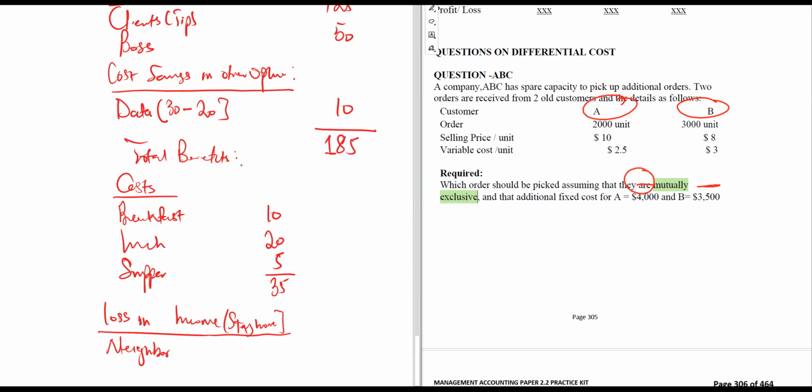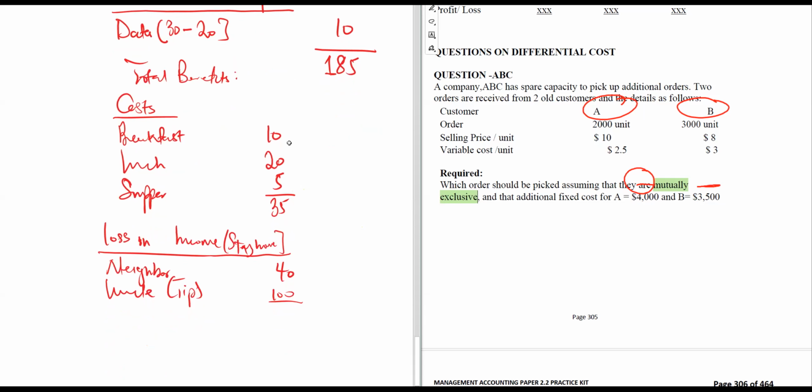How much was that? 40 cedis. And the uncle's tip, 100 cedis, will also be lost. So if we put this together, how much is that? 175.